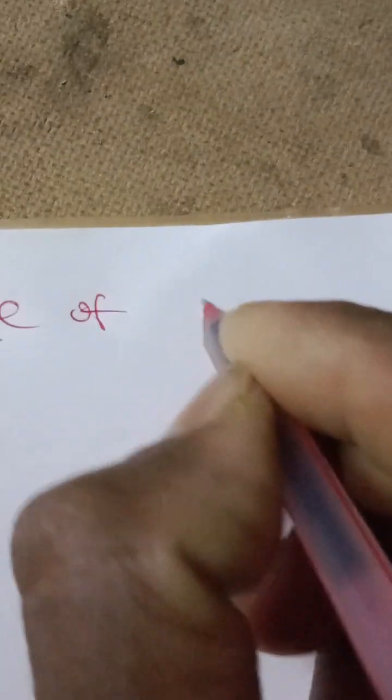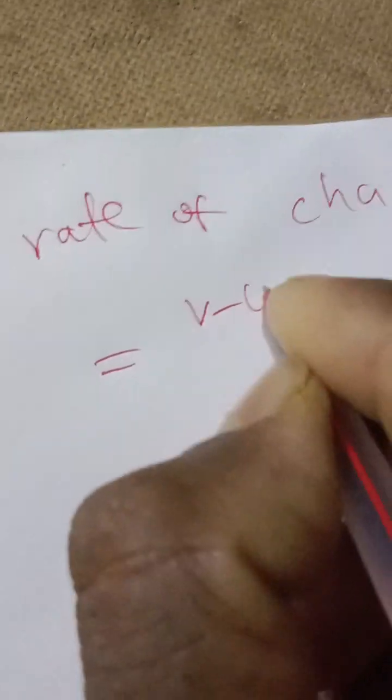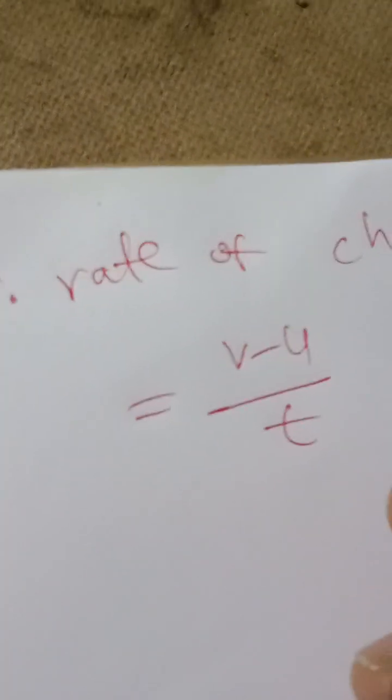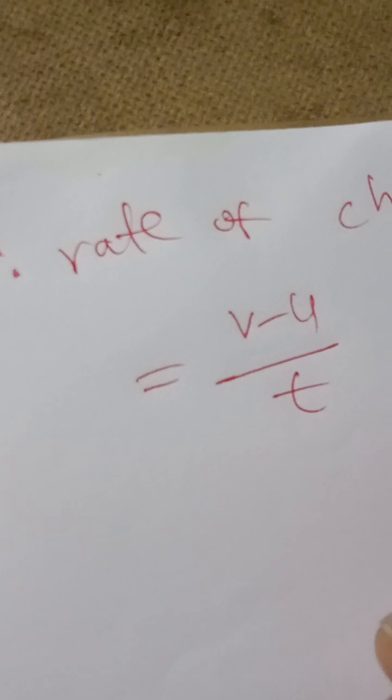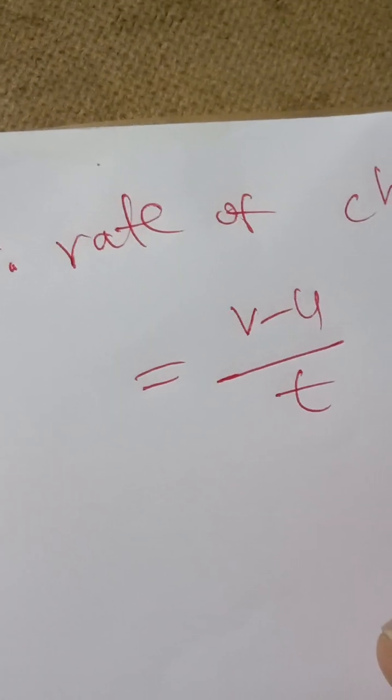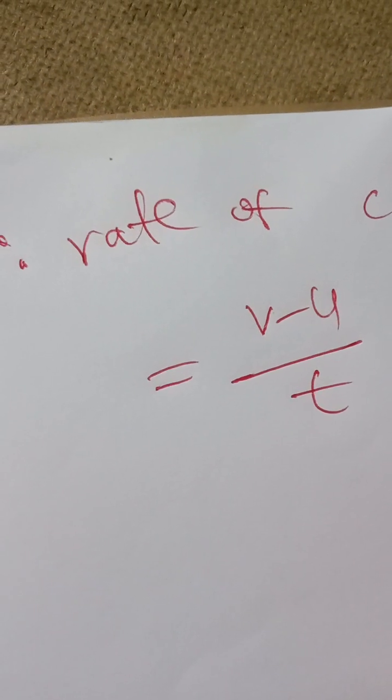Therefore, rate of change of velocity is equal to v minus u by t. Rate of change of velocity per unit time is called the rate of change of velocity.